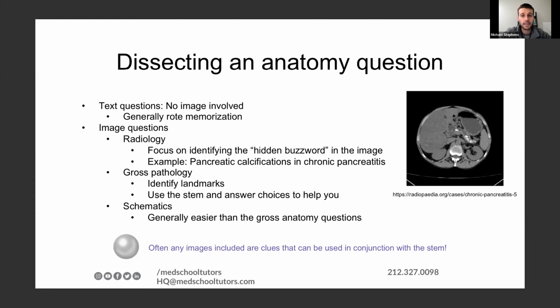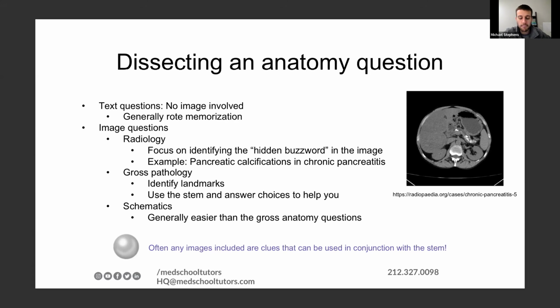And then there are going to be a lot of image questions as well that fall under the anatomy umbrella. So radiology, gross pathology, and then they'll often include schematics, cartoon diagrams that stylize the characteristic anatomy. I'll tell you that, and it relates to this pearl at the bottom.